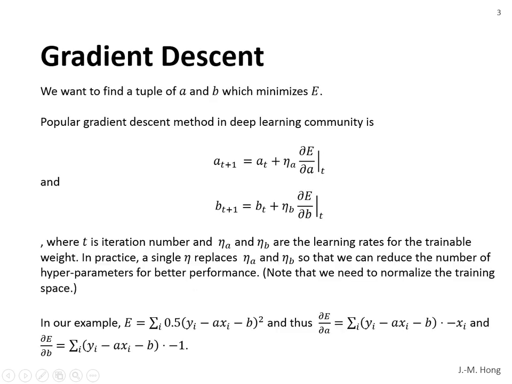Okay, let's think about the gradient descent method. We want to find a set of a and b which minimizes the error function E. A popular gradient descent method in the deep learning community uses a rule like this. There is a typo here: this should be minus, or negative, eta. So let's skip to this part.